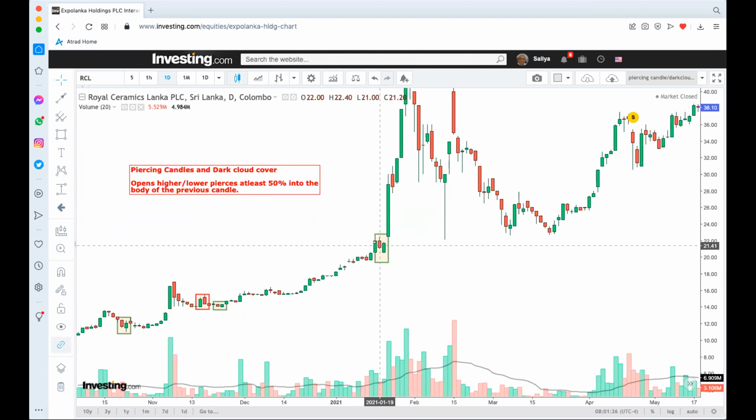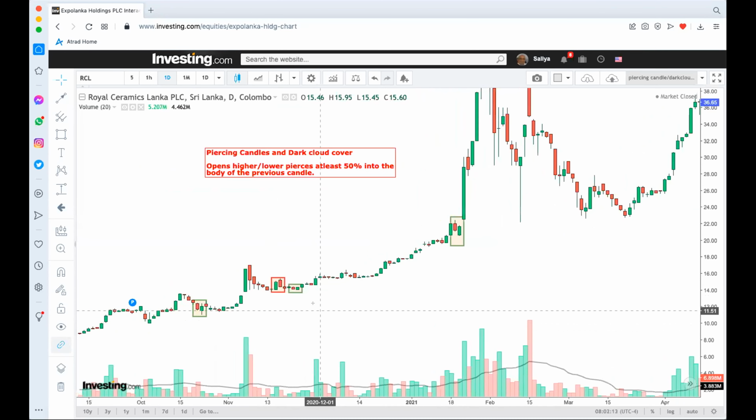The first day closes at 2120. Second day, it is opening at 2060 and moving to close at 2067. Let's say 2060 or 2070. Thereby, what has happened is that it has pierced into the territory of the body of the previous day's candle and surpassed the 50% area. That is a classic piercing candle, right?